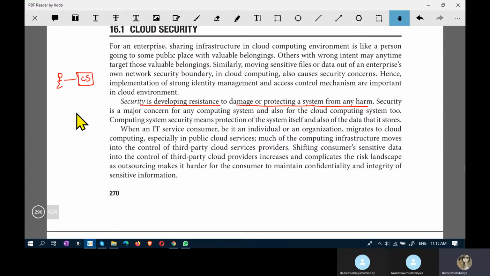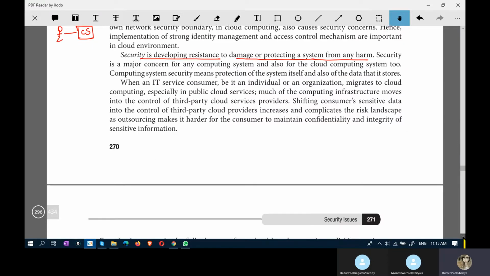So there are three parties who are responsible to secure the computer systems in college. Likewise, it's not only a single person's responsibility to protect the cloud system. All right.